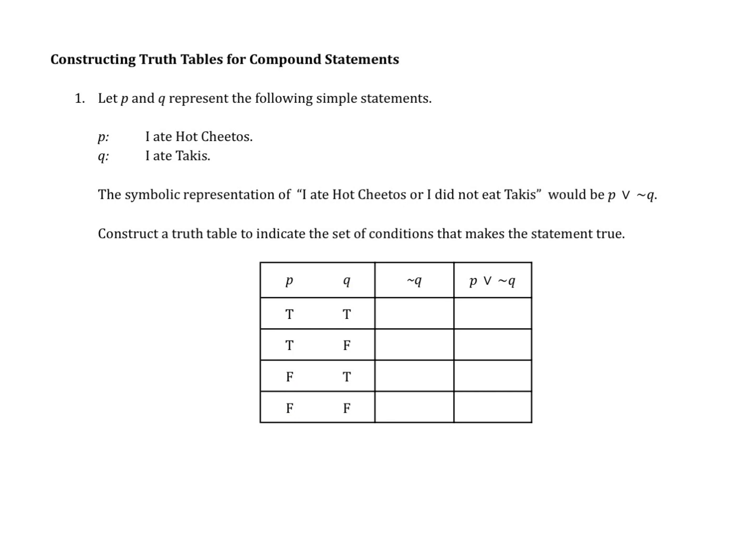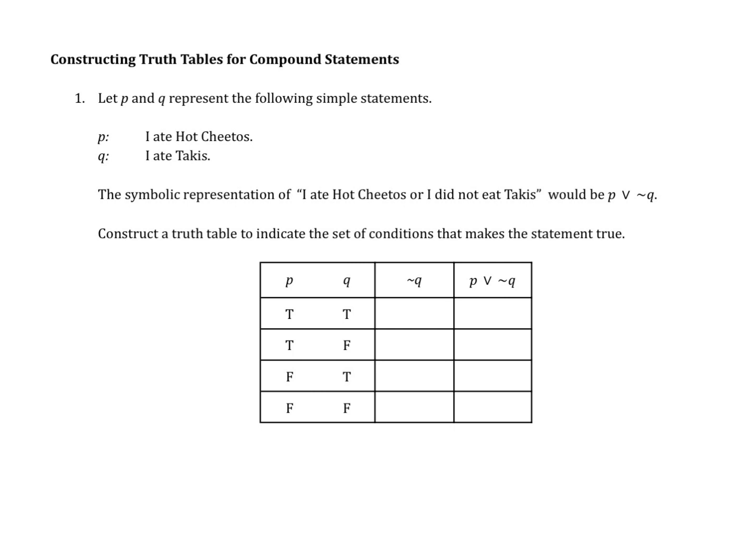And for Q, we will always put true, false, true, false. So it will always start like this. And basically that is a list of all possible combined truth values for two statements. They could both be true, the first one true and the second false, the first false and the second true, or both false. So it's all their possible combined truth values.